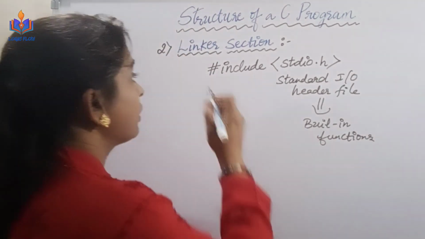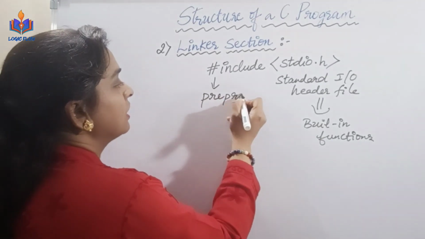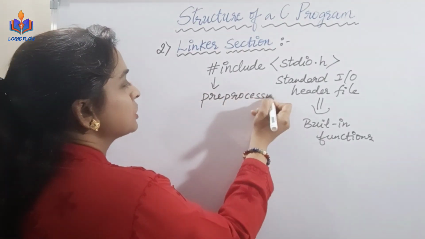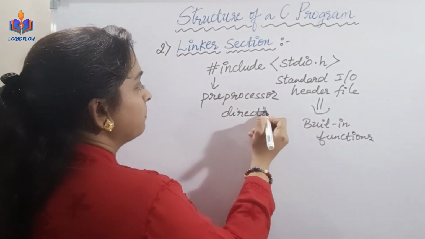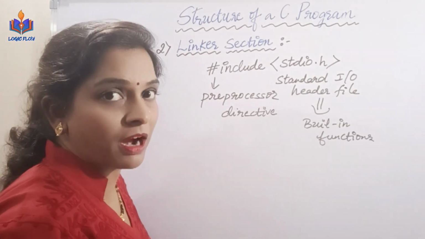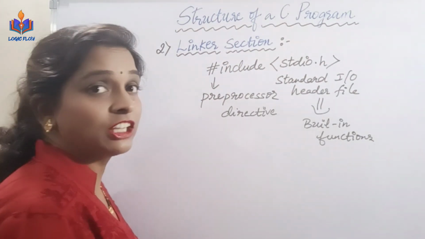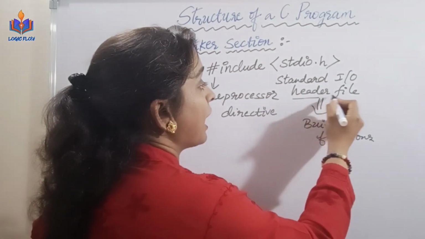Here we call this a preprocessor directive. What is this preprocessor directive? Pre in the sense says before. Processing means some processing part that we have to do, and directive means we have to include some directories, we need to include some header files.